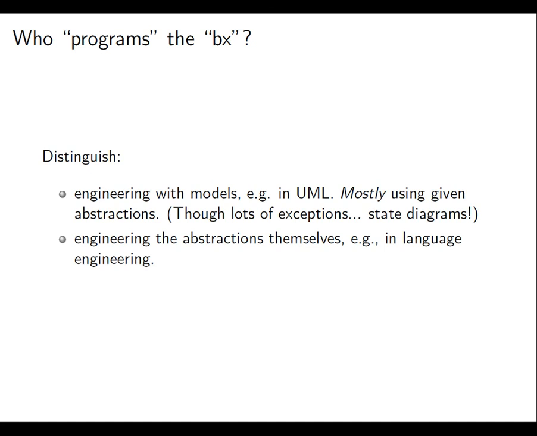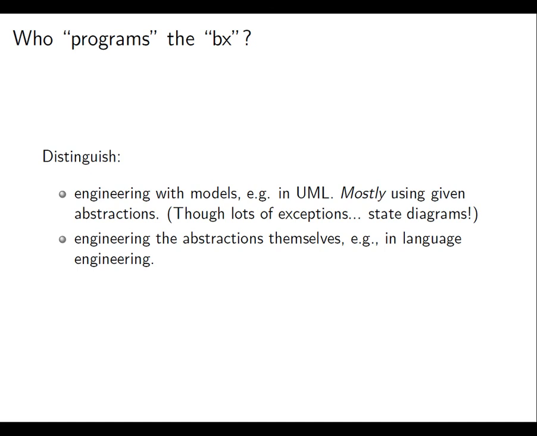And of course, as soon as we go on to wanting to talk about things in language engineering, wanting to talk about the design of domain-specific languages, for example, then we're asking students to engineer the abstractions themselves, or we might say in another setting, to program the bidirectional transformations themselves.